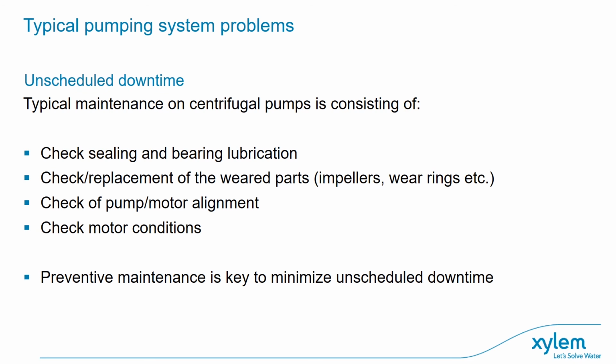Basically, the typical maintenance consists of the check of the sealing and the bearing lubrication, the check and a possible replacement of the wear parts, impellers, wear rings, check of the pump motor alignment, the leveling of the basement, and then among pump and motor itself, and then the motor itself conditions.